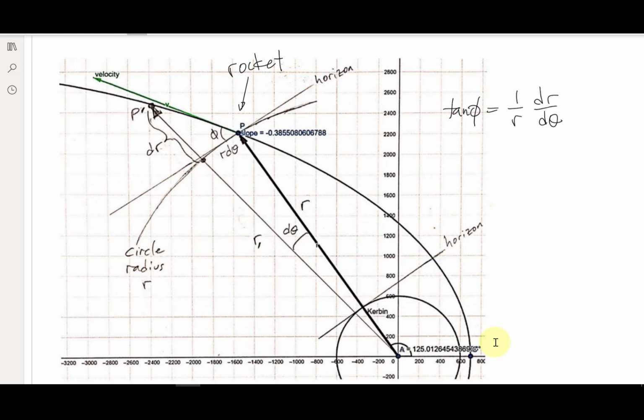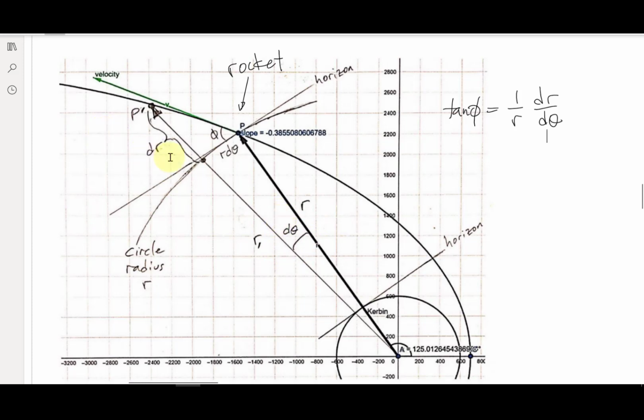Down here we can see the planet Kerbal, and we've got this vector r that points to the location of the rocket on this elliptical orbit. Here we have the velocity vector, it's the direction we're traveling. The slope of that line would be the dy dx that we've been working on. As r changes, there'll be a change in the angle and there'll be a change in the value of r.